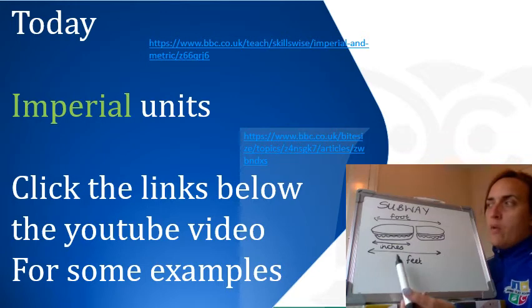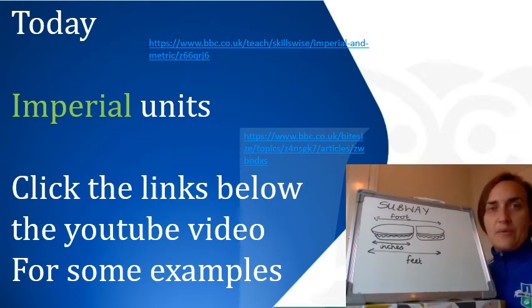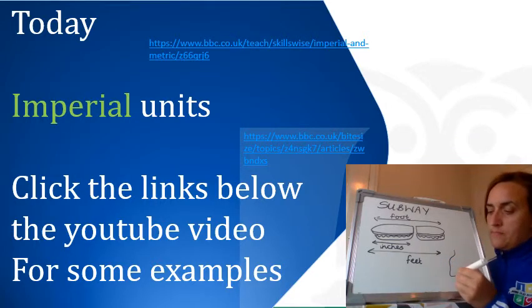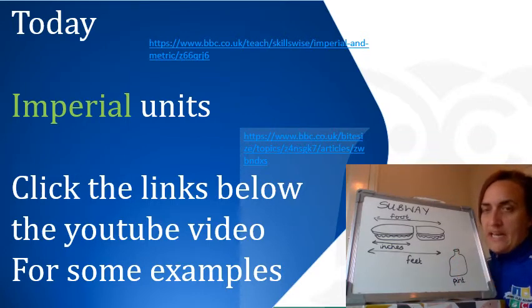What we're going to have a look at today is easy ways of converting between these measures, including foot and inches, feet and inches for length. We're going to be having a look at capacity as well, where you may refer to a pint rather than millilitres.